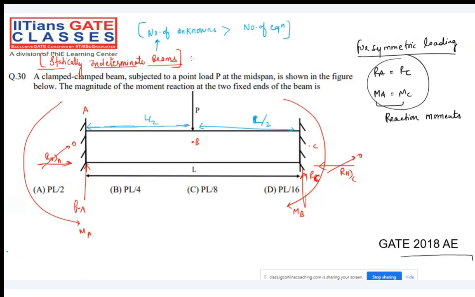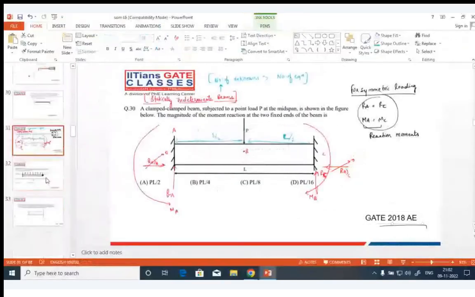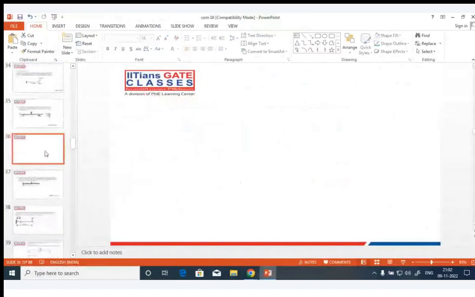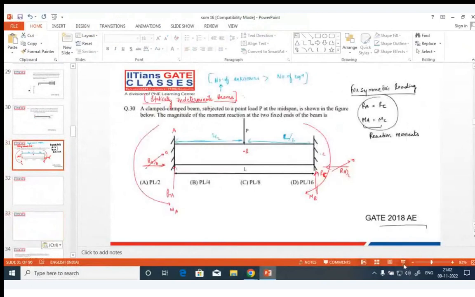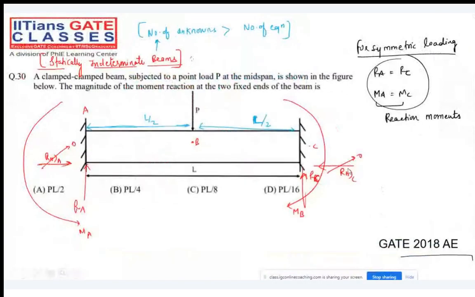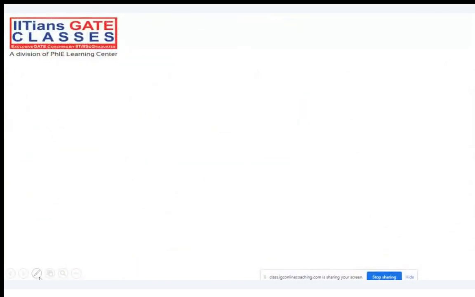So here, just make a note of it, then we can see this particular problem. Let me add this slide. All of you might have noted down the problem. Let me solve it. Try understanding, guys, how we can proceed with that.